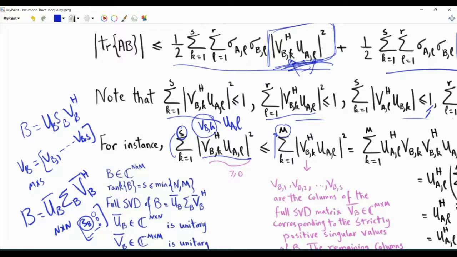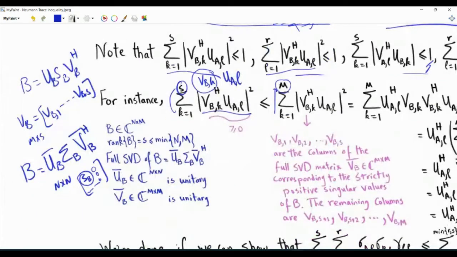VB bar itself is an M by M matrix that is unitary. What is this matrix? The first S columns in this matrix are simply the columns that constitute VB, which is used in the reduced singular value decomposition of matrix B. But now this matrix has those vectors, and in addition, it has those other vectors, all the way to VBM.